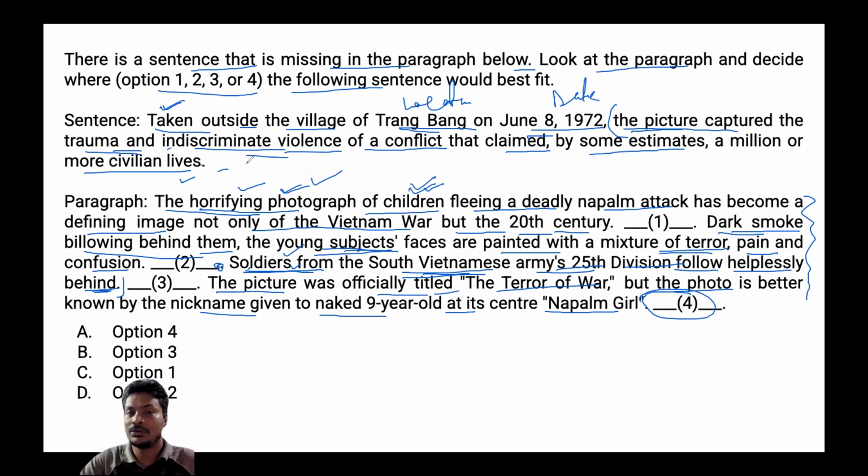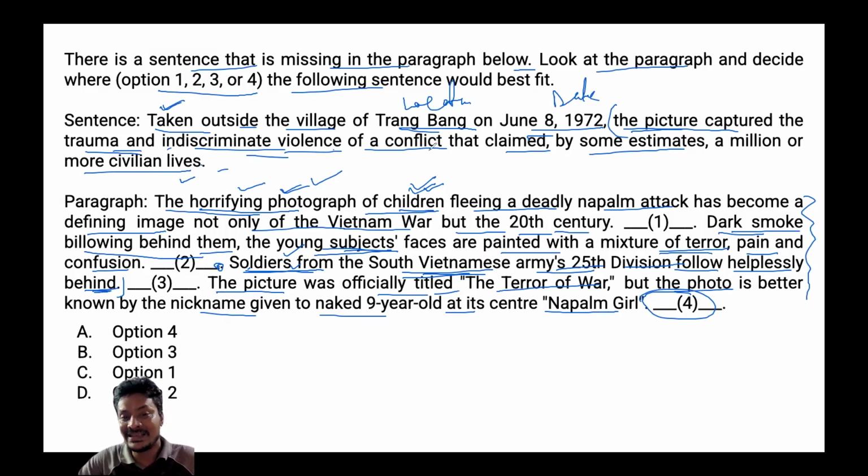So how do we know trauma and indiscriminate violence of a conflict? Because you have already been given the idea of children fleeing a napalm attack as a defining image, right? Soldiers follow helplessly behind, isn't it? So that tells us.